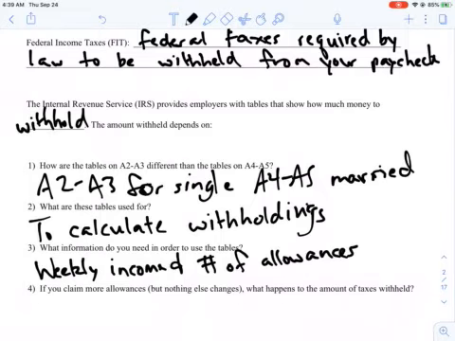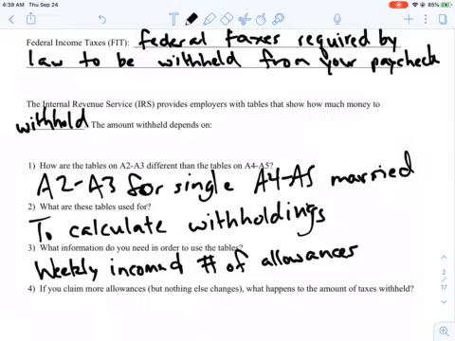So basically what an allowance is, is just a way for them to withhold less taxes for you. So if you have kids or you have a spouse or some other things, there's a certain number of allowances you can use to make sure that you have more take-home money every week.